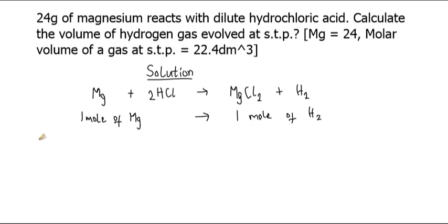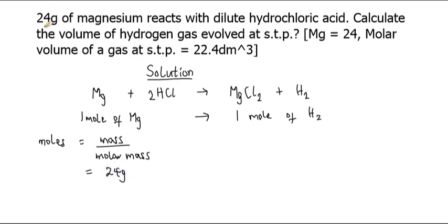To calculate number of moles, we have our formula: moles equals mass over molar mass. Substituting, we have the mass of magnesium from the question. We are given 24 grams.